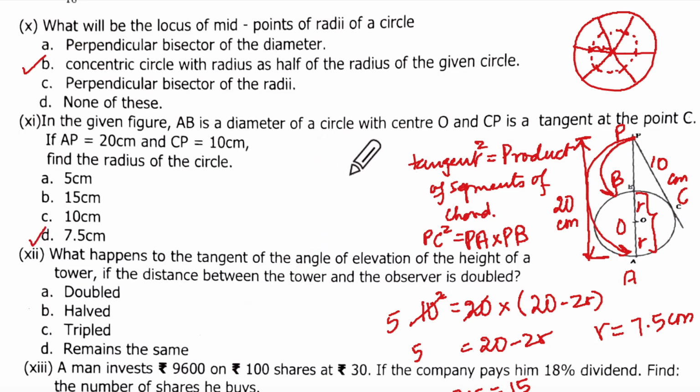Won't it be 100 upon 20? Then how is it 5? It should be 50, right? Sorry, ma'am, 100 upon 20. You thought it was 2, na?